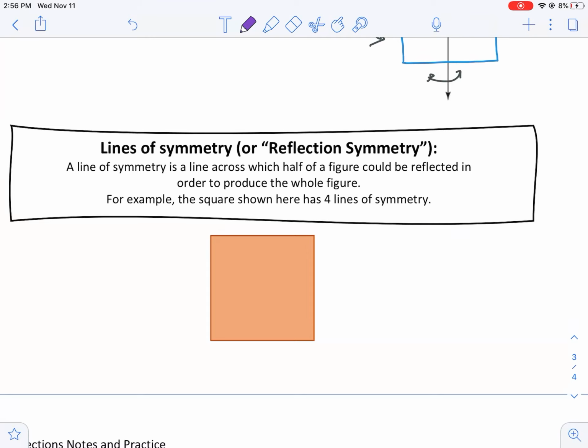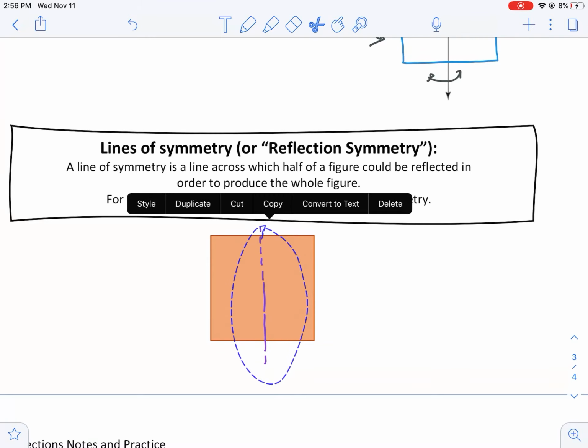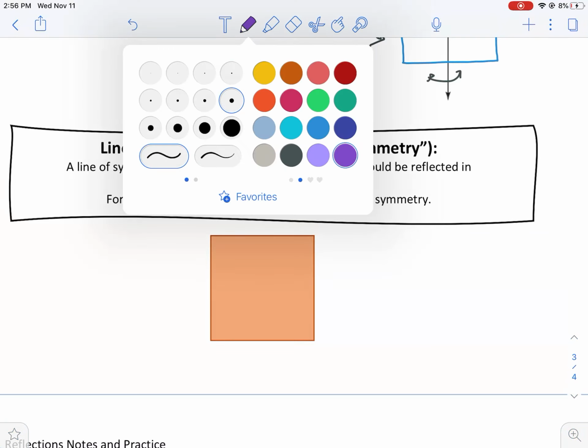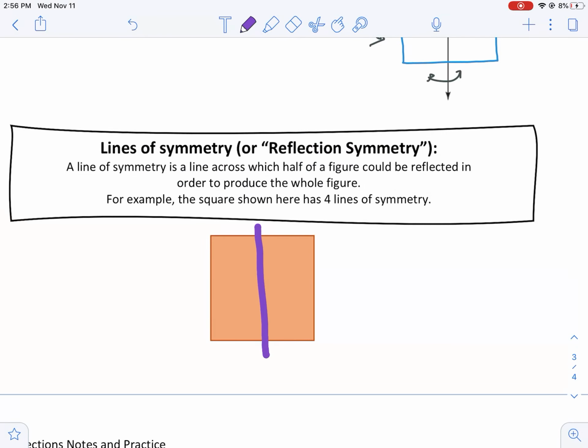For example, if I folded this square perfectly in half this way, all right, actually, let's do a better line. There we go.